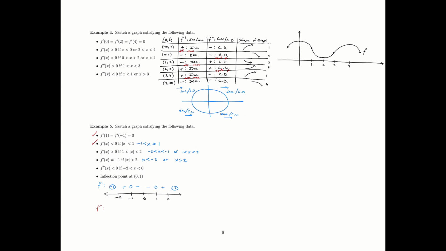Negative 2, we see that the function goes from a derivative value of negative 1 and it goes to, oh, sorry, I meant to say from negative 1 to positive. So as we cross over negative 2, we go from negative 1 to positive. Well, if we go from negative 1 to positive, this can't be 0 actually.